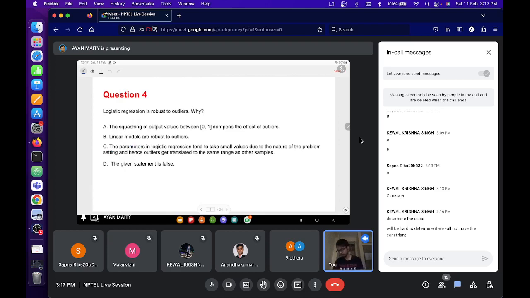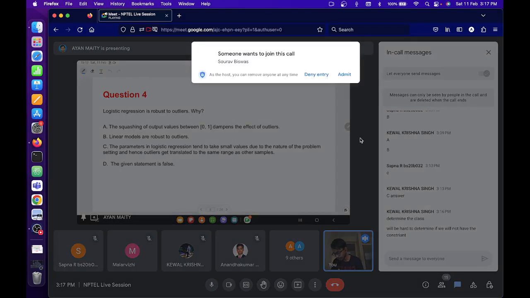So this is question 4. Logistic regression is robust to outliers. Why? There are 4 reasons given. Which one of these 4 is correct? A: the squashing of output values between 0 and 1 dampens the effect of outliers. B: linear models are robust to outliers.